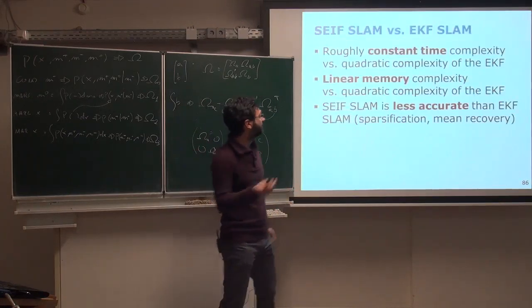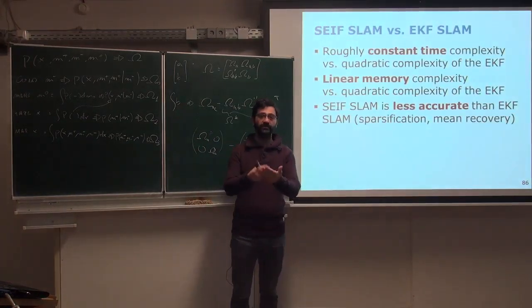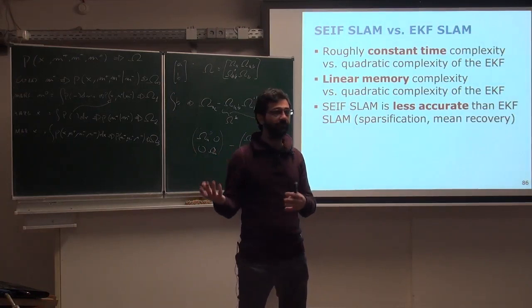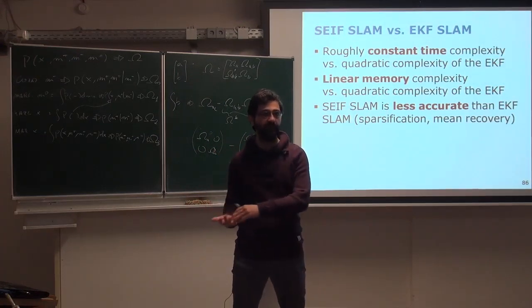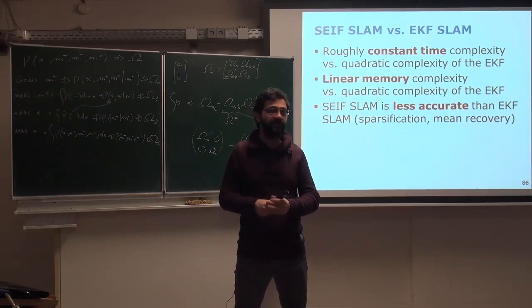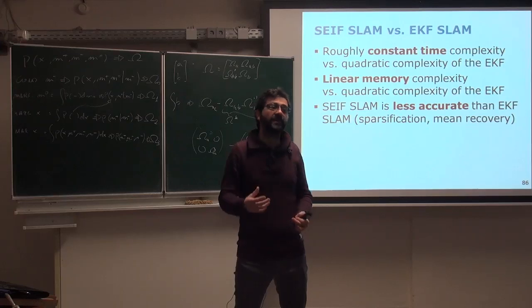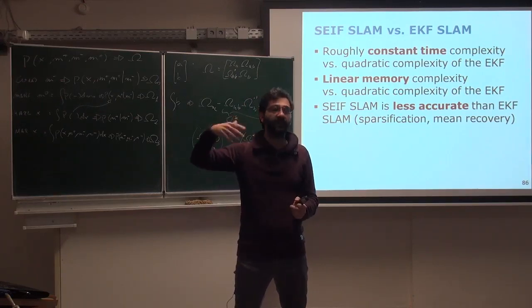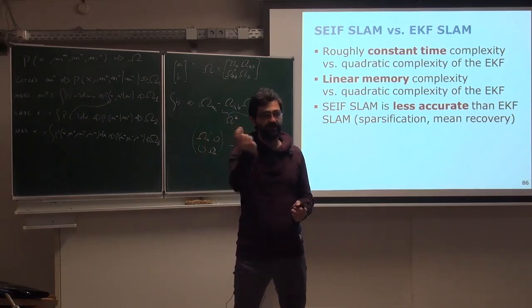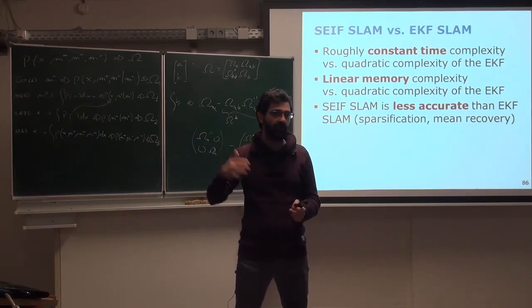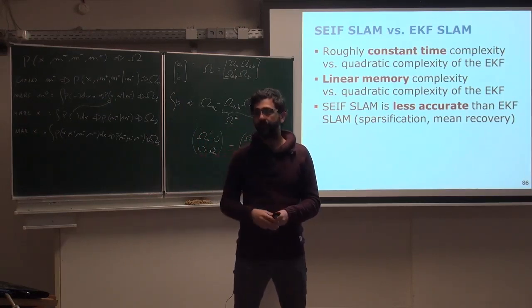So let's see what happens in the estimate of the pose and then the landmarks. What happened is that we are basically trading off accuracy for efficiency. Okay? We have an algorithm which is roughly constant time besides the estimate of the mean, but that's also something that you don't estimate too often, because if you're not reobserving too many different things, or if you're just moving away, the change in the estimate is small, so you can actually devise a strategy for doing this in amortized constant time.